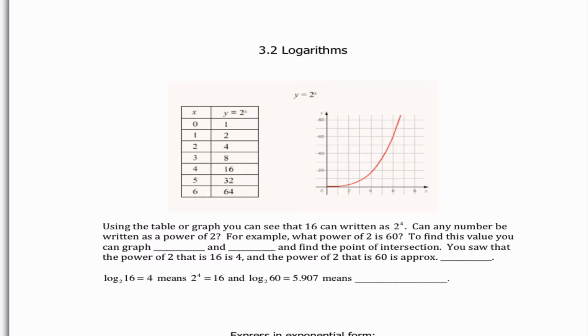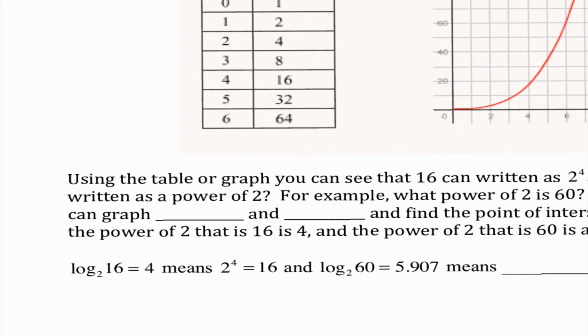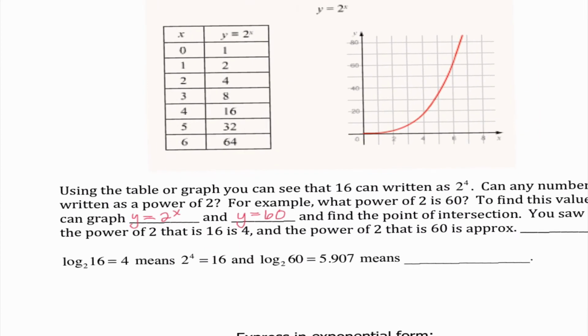Using this table or the graph, we can see that 16 is the same thing as 2 to the 4th power. So the question we really want to explore here is, can any number be written as a power of 2? For example, what power of 2 is 60? In order to find this, we can graph y equals 2 to the x and y equals 60 and find the point of intersection.